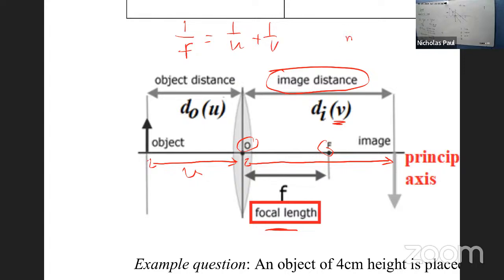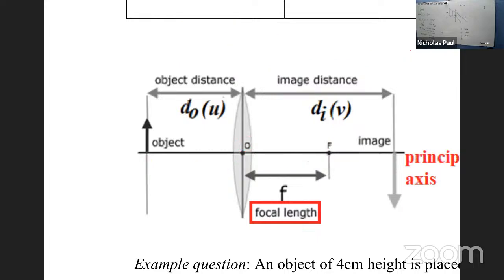And magnification is V over U. That's it. So there are two things that we need to do. Right? Draw the diagram first.